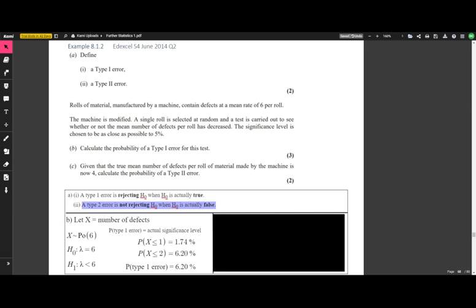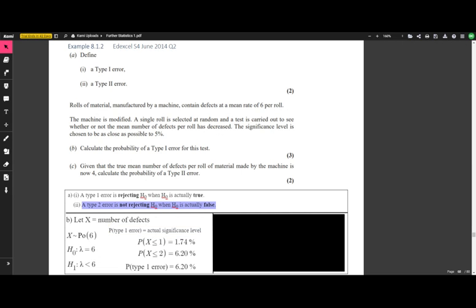So the chance of a type 1 error, well, that's what the actual significance level is. We're working with a Poisson distribution here. The null hypothesis is Poisson with lambda equal to 6. The alternative is lambda is less than 6, because the question says test to see whether it has decreased. So lambda is less than 6.